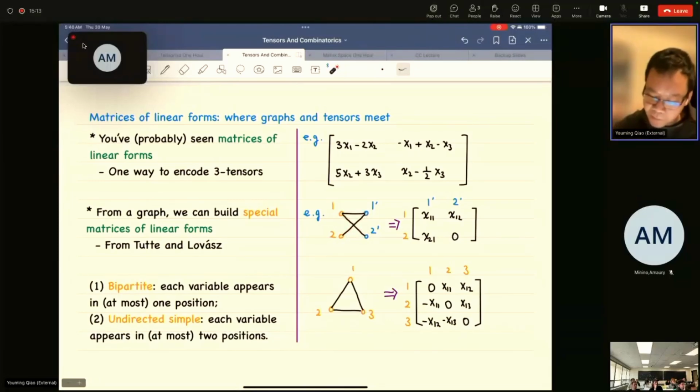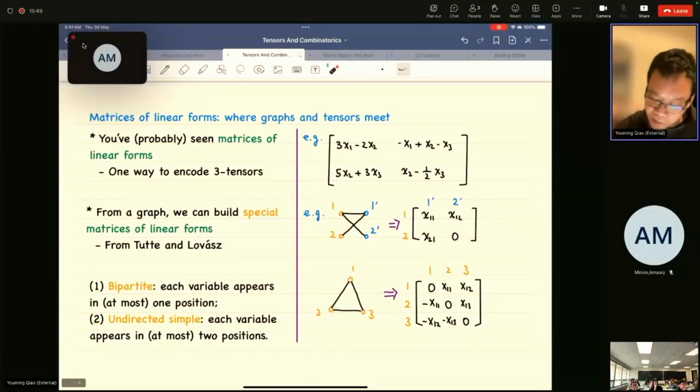From this graph, you can actually build such a matrix. You can see that this is just a matrix of linear forms. Because there is one edge between 1 and 1 prime, you put the variable x11, just a name for convenience, at the 1 and 1 prime position. Similarly, there's an edge between 1 and 2 prime, so you put a variable x12 here. There's an edge between 2 and 1 prime, you put x21 here.